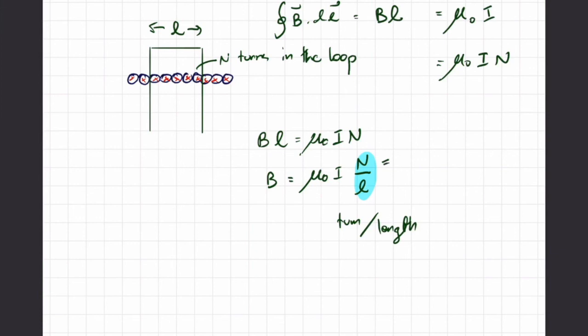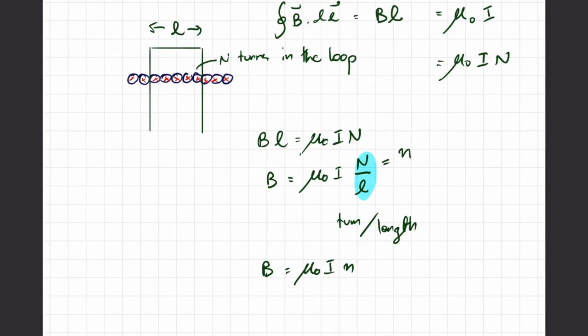And we use a small n to indicate that. So B equals mu 0 I times small n. This is the formula for the solenoid. It depends on how much current you put in and the number of turns per length. If you wind the solenoid so that the turns are very close to each other, so you have many turns per length, then you're going to have a stronger magnetic field.